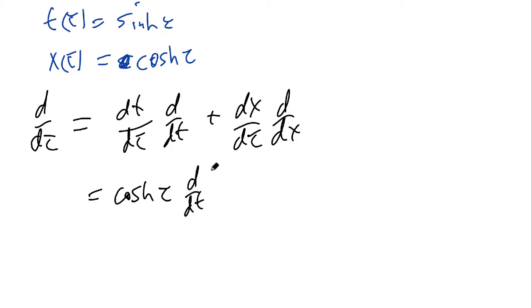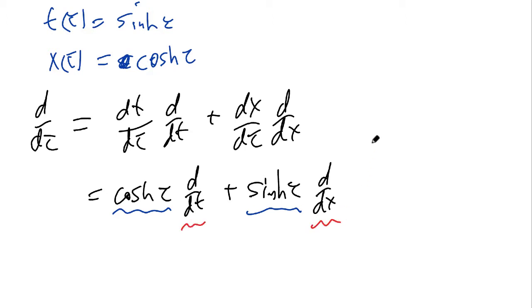So that's cosh tau d by dt plus the derivative of x is sinh tau d by dx. So these quantities, cosh tau and sinh tau, are the components of this velocity vector in the coordinate basis. The coordinate basis vectors are d by dt and d by dx.